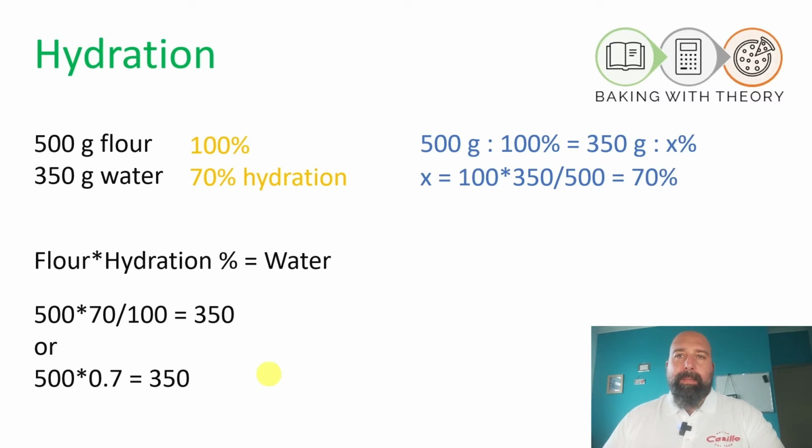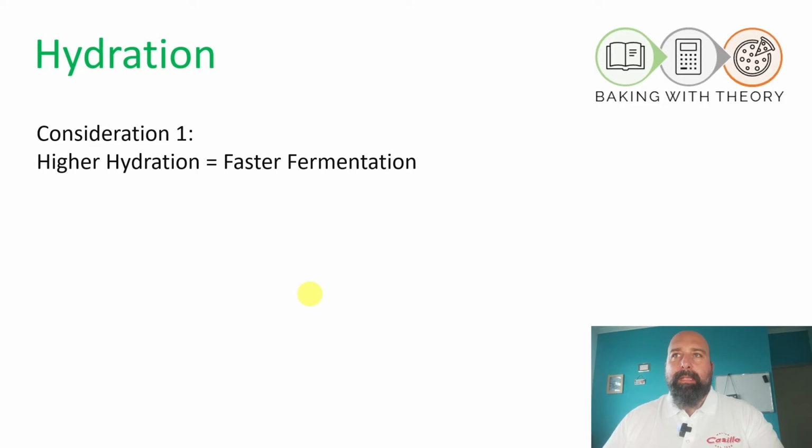But when we speak about hydration, if we make a simple calculation based on 1 kilo of flour, of course 70% of hydration means 700 grams of water. But we need to make some consideration of why we need to know the hydration of our recipe. So the first consideration is this, that higher hydration is equal to faster fermentation.